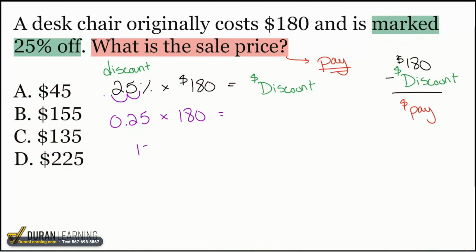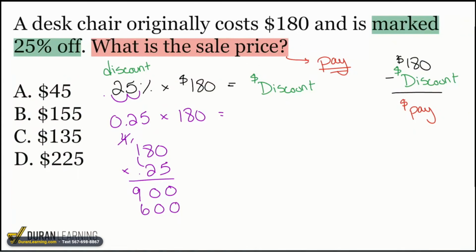And upon setting this up, 180 times 0.25, let's go ahead and get after it. We have 0 times 5. 8 times 5, which is 40, carry the 4. 1 times 5 is 5, carry the 4 is 9. So we'll move up next here to the next line. 0 times 2, that is going to be 0. 8 times 2, that'll be 16, carry the 1.